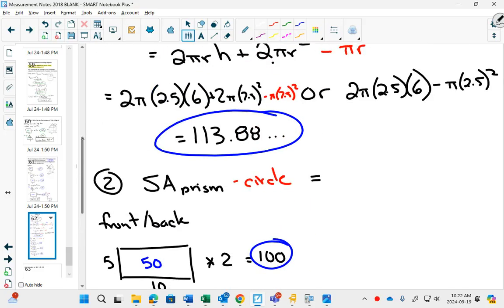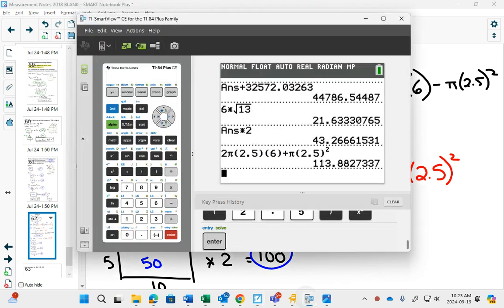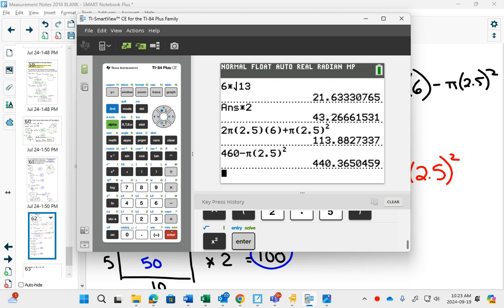I have 460, and I still have to subtract, maybe I'll write it in red, pi r squared. So I go to my calculator, 460 minus pi, the radius is 2.5, and it's squared. 440.365.